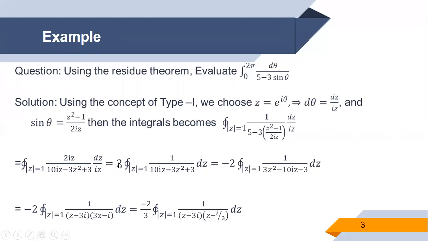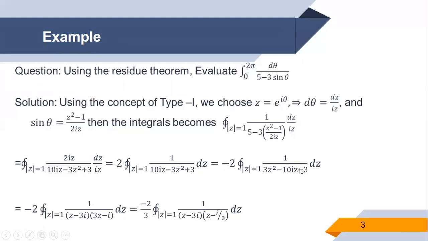Now take minus common, so minus 2 integration over mod of z equal to 1 of dz upon 3z square minus 10iz minus 3. So this is a second degree polynomial. Now this is a complex integration, obviously we use the residue theorem. So first we convert this polynomial into factor form.